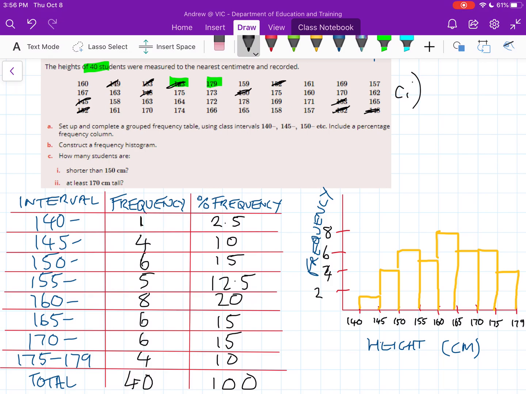On our histogram, there are these two sections from here to here. How many are under there? So we look at our frequency. We've got 4 and 1, so this would be 5 students. On your frequency table, you can look at these two numbers here that are below 150. So we've got 5 students.